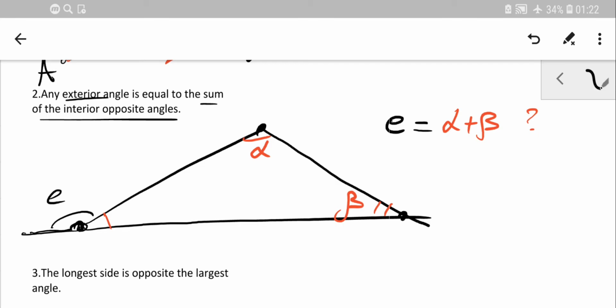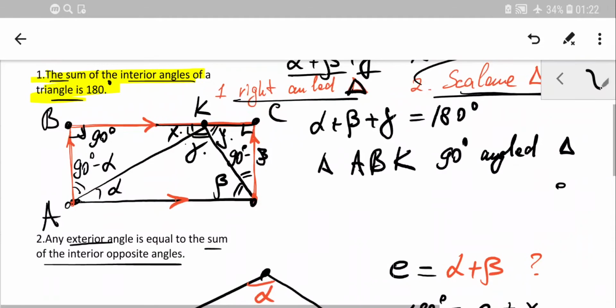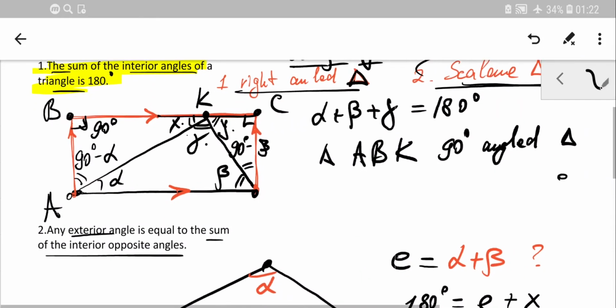We know that a straight line is 180 degrees, which is simply an open angle, and it consists of E and, let's say, angle X. So we have E plus X. What we also know from the previous property is that the sum of the interior angles of the triangle is 180.